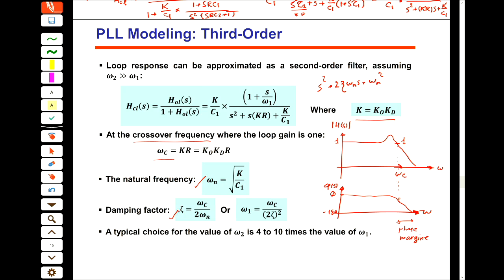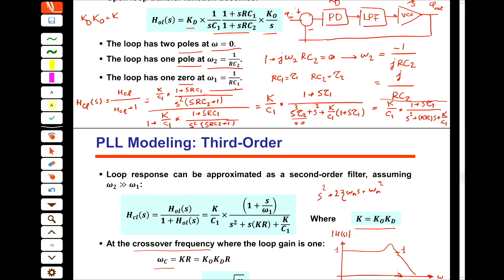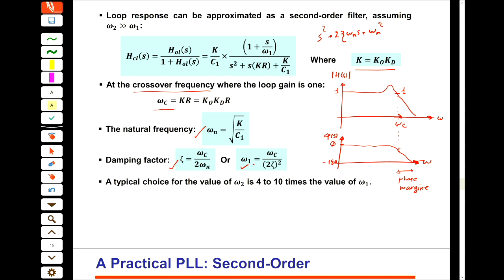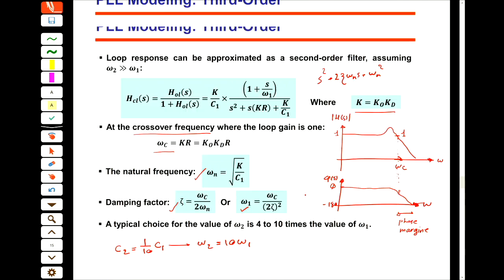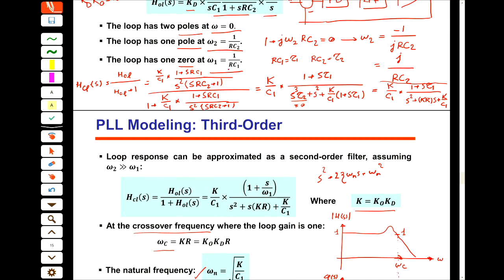We define zeta as omega c divided by 2 omega n, and then omega 1, which we defined here as 1 over R C1, is again based on zeta and omega c. And then omega 2, based on the approximation, for example, if we assume that C2 equals C1 over 10, then omega 2 is 10 times omega 1.